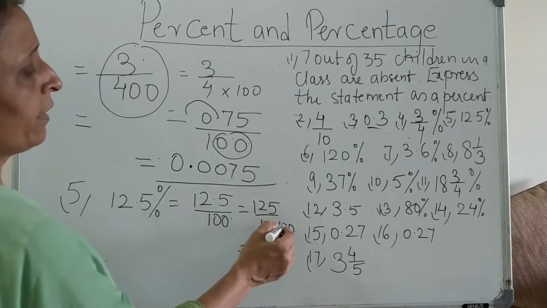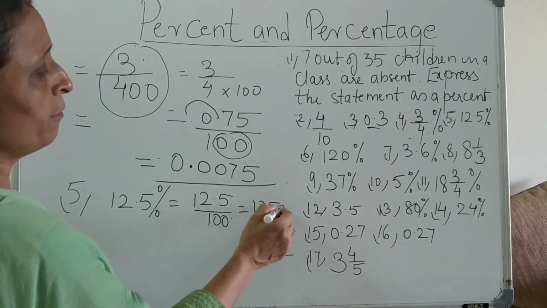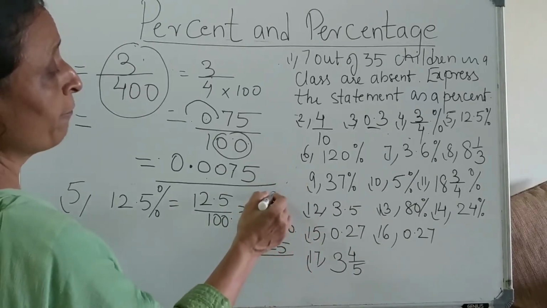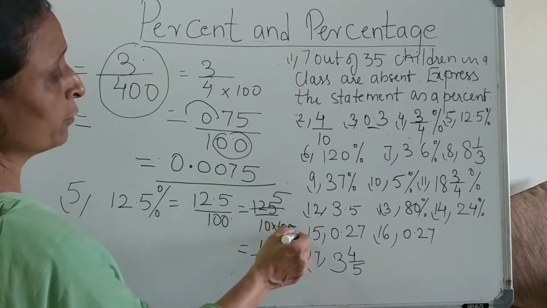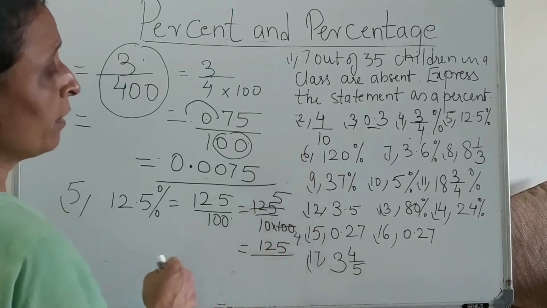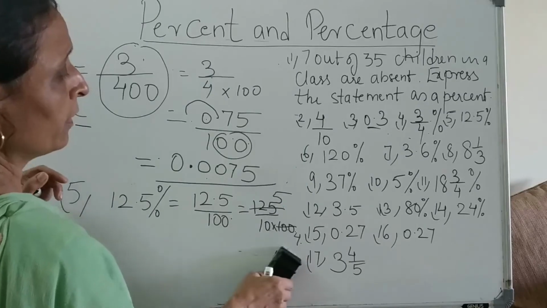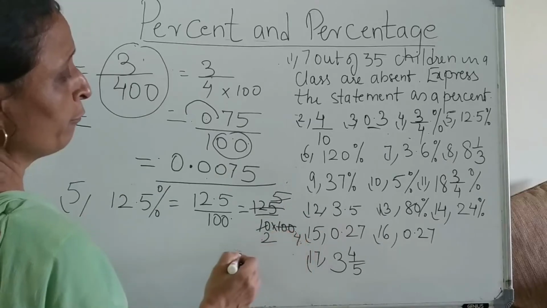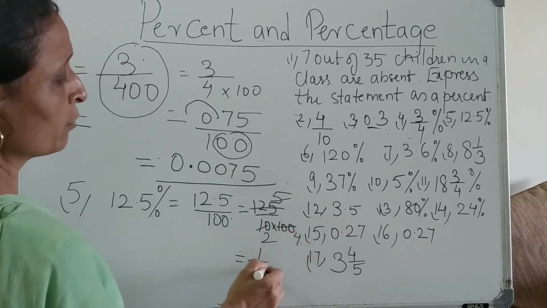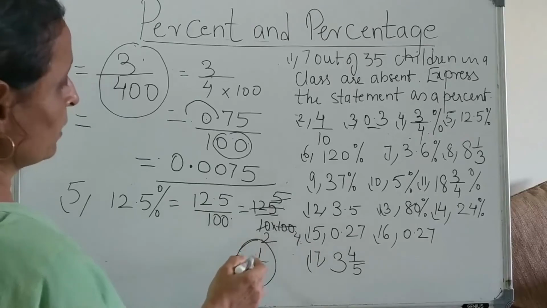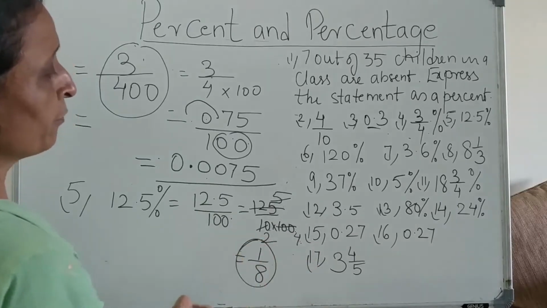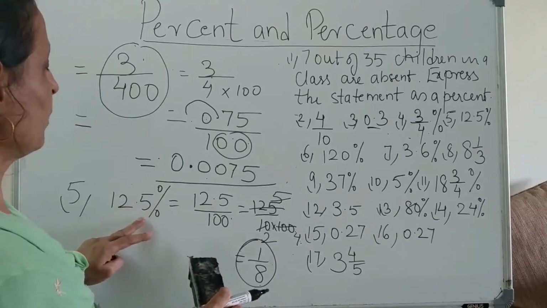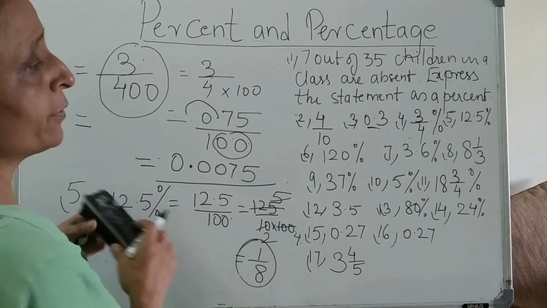So this can be cancelled. 5 by 5 you can cancel. 25 5s are 25, 25 4s are 100. So here you can further divide this. 5 2s are 10. So here you get 2 into 4, you get 1 by 8. So this is the fraction and you can further divide if you want decimal. So this is the fraction for 12.5%, that is 1 by 8.